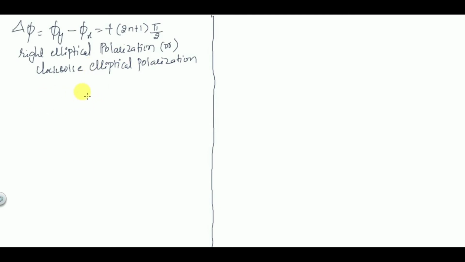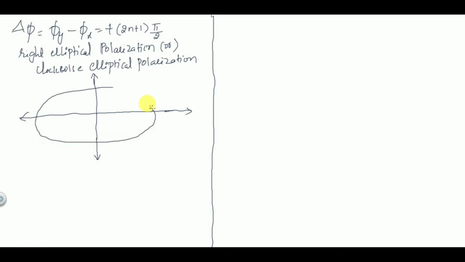Okay, so in that case the locus will be like this. It is in the form of an ellipse. This happens when Ex0 is greater than Ey0. Again there will be intercepts on the x-axis and y-axis. This is very small when compared to this.